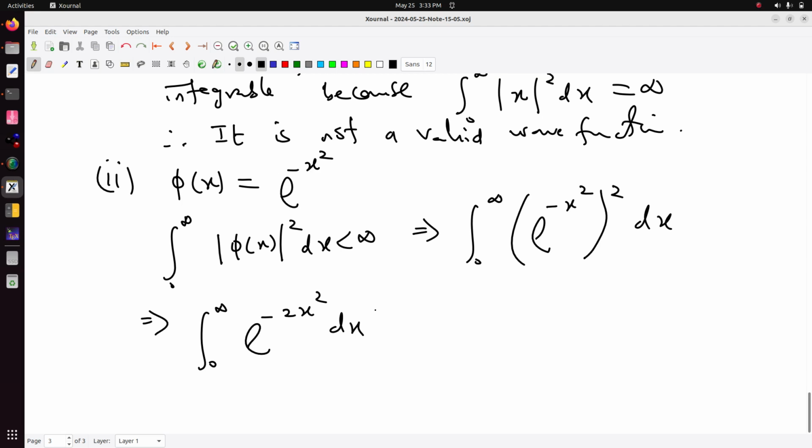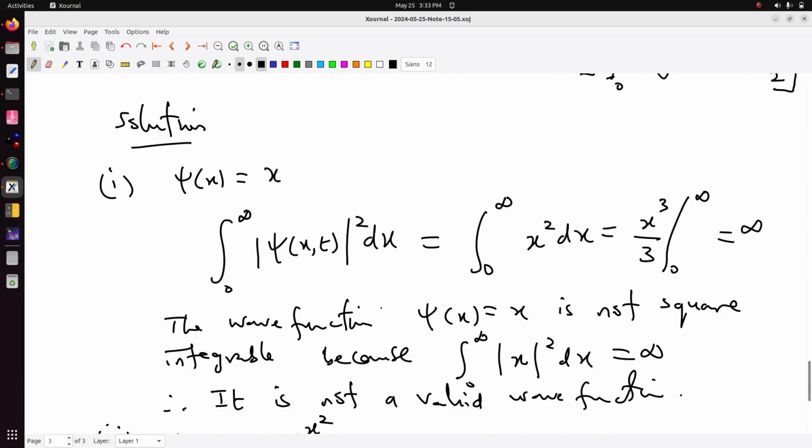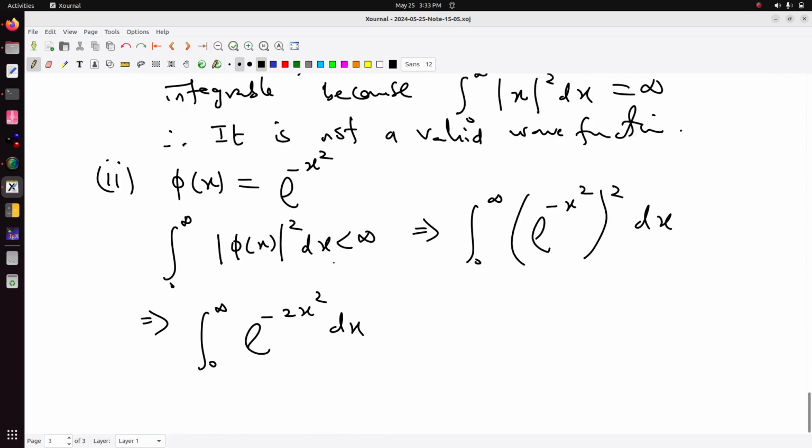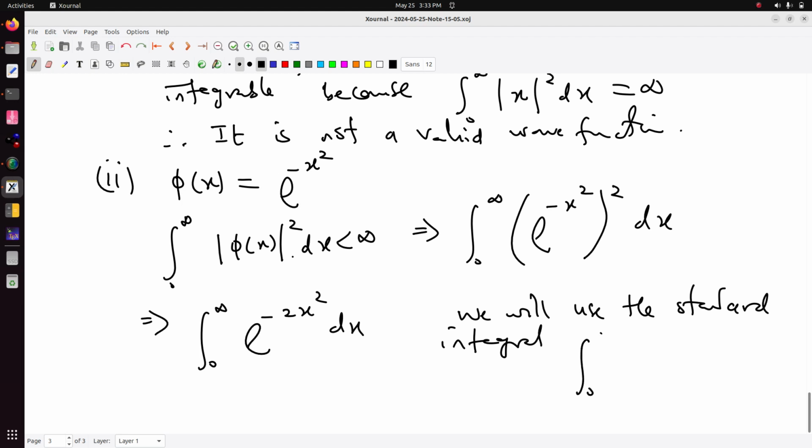This integration can easily be done if we use the standard integral from 0 to infinity of exponential minus z squared dz equals square root of pi over 2.